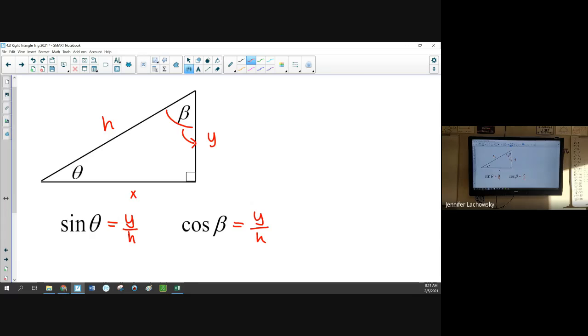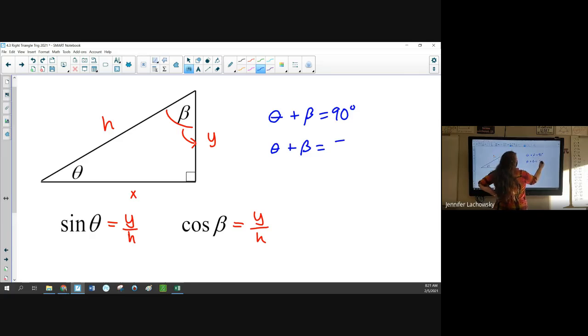Well, how many degrees are in a triangle? 180. If you add those two, it's 90. Exactly. Theta and beta have to add up to 90 because the right angle takes up the other 90, right? So write this down. Theta plus beta equals 90 degrees, or theta plus beta equals pi over 2, right? Because 90 degrees is pi over 2.